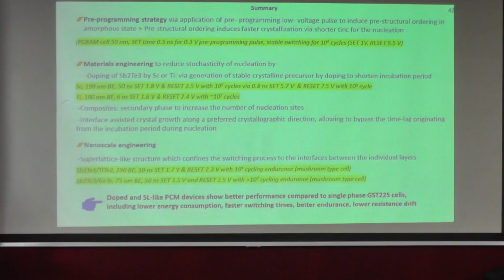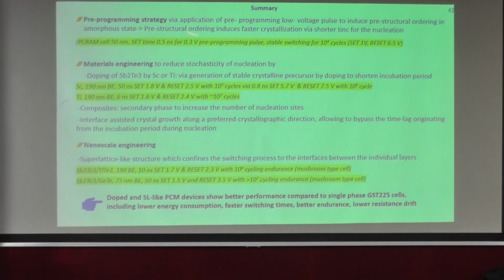Now let us go to the summary of the whole crystallization topic and how to improve it. We started with the programming strategy. This strategy is achieved by application of a programming pulse voltage to achieve pre-structuring in the phase change device.